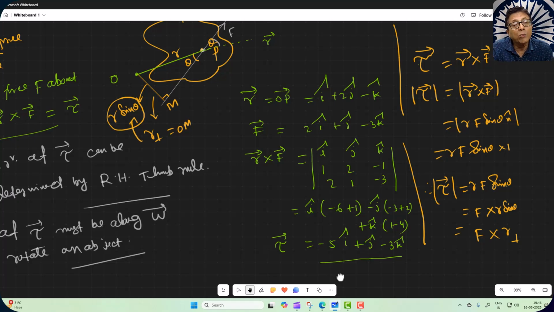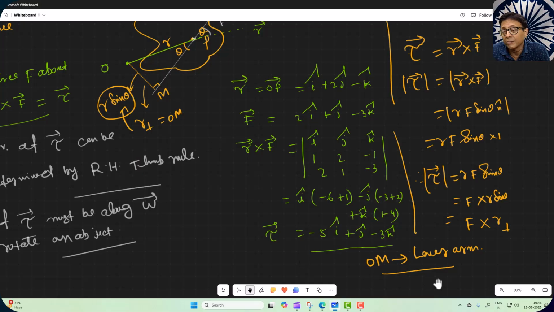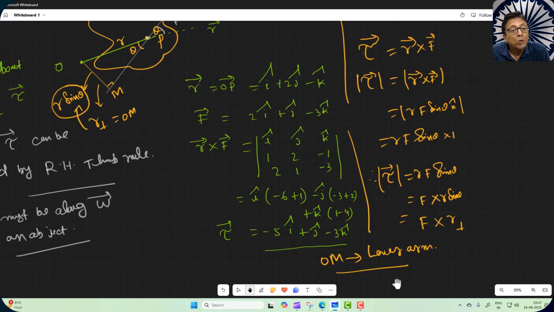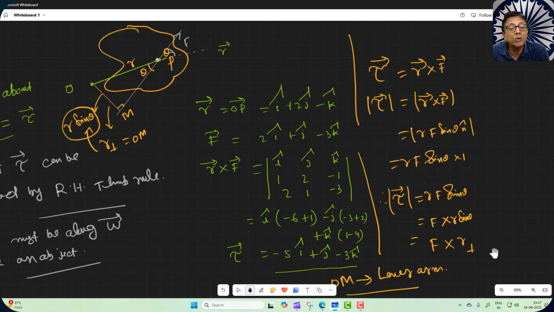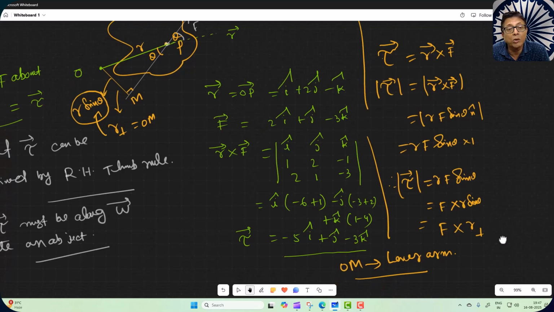And by now, we will be referring OM as lever arm. Okay? This OM will be considered as lever arm. Lever arm plays a very important role to understand direction of torque. Direction of torque, how to find?